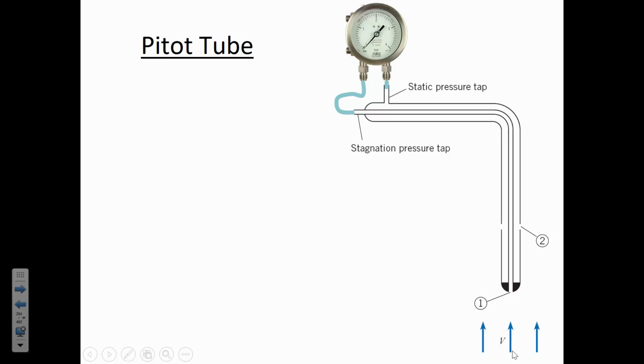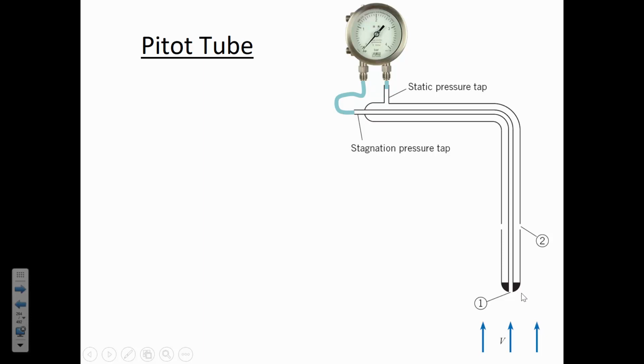And so this velocity is going to stop when it reaches location 1 because inside of the tube conditions are stagnant. And so there's going to be a little bit of extra pressure at 1 because the streamline has been intercepted.